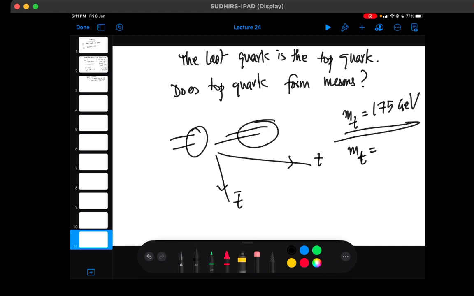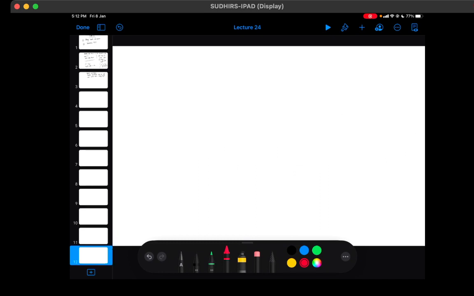Imagine that this is a quark which is roughly 200 times heavier than the proton, which is a bound state of the 3 light quarks. Whereas this is not a bound state, this is just a top quark. Once the top quark is formed, it should form bound states.